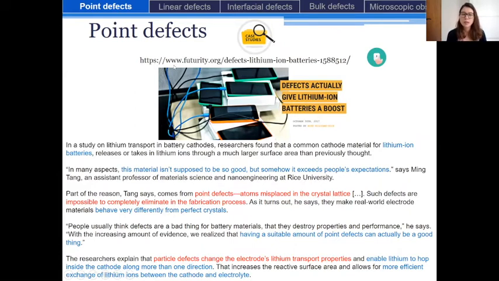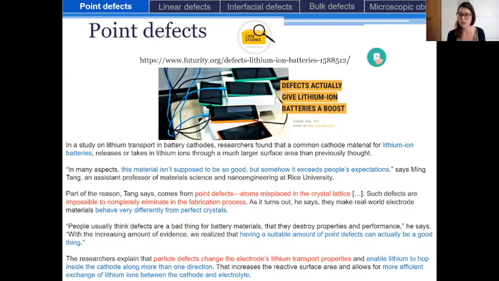But basically, they observed superior transport properties in this lithium battery, and they analyzed the cause of this improvement, and they saw that in fact there were some point defects, which are atoms misplaced in the crystal solid, and they were not able to eliminate these defects during the fabrication process.